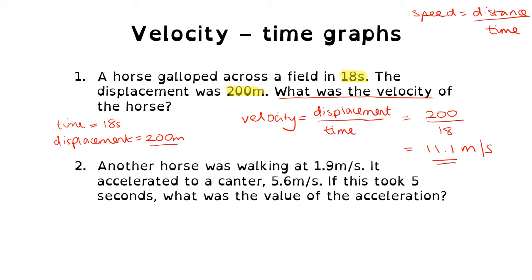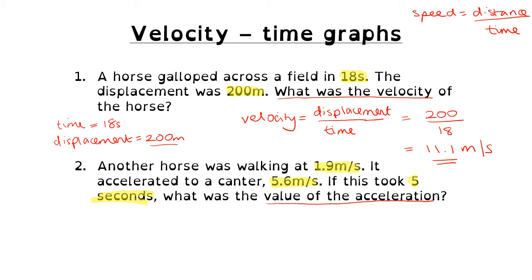Question 2 says another horse was walking at 1.9 meters per second. It accelerated to a canter, 5.6 meters per second. If this took 5 seconds, what was the value of the acceleration?